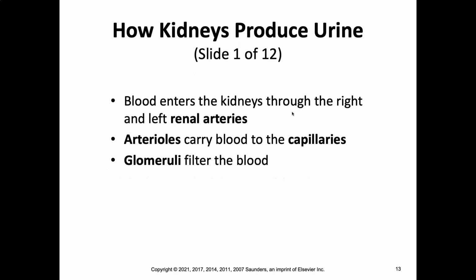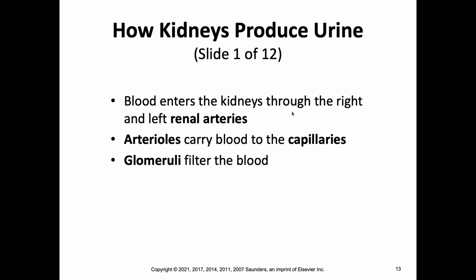All right, how do kidneys produce urine? This starts on page 206 and goes into page 207. Essentially, the blood enters the kidneys through the right and left renal arteries. Remember, arteries are pushing blood out from the heart to the body. It's oxygenated blood that's coming out and being pushed out.